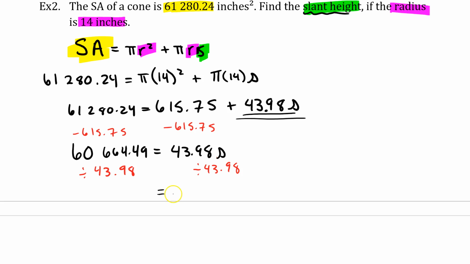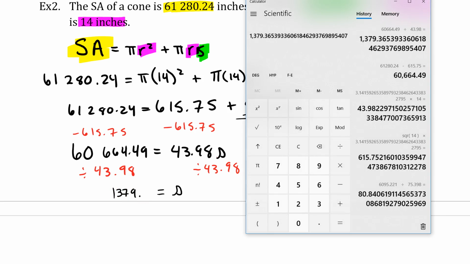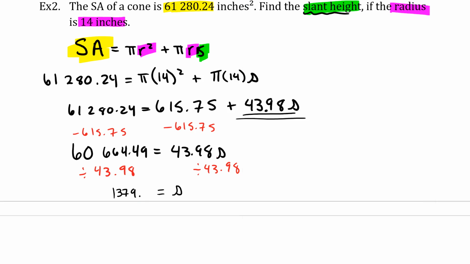So this side is just plain old s. I want to remember what units we're using here. We're using inches. Put a box around it.